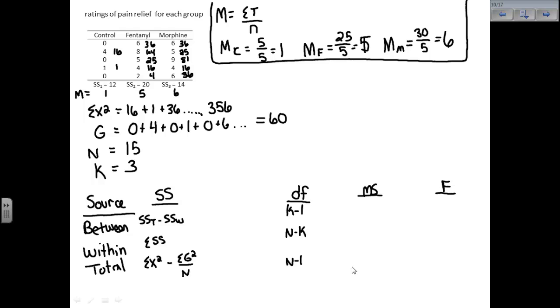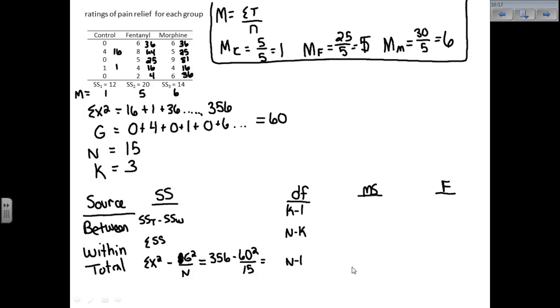So let's go ahead and start calculating the sum of squares total. So the sum of squares total is equal to the sum of x squared, which is 356, minus the sum of g, well, really just g squared, so 60 squared, divided by 15.